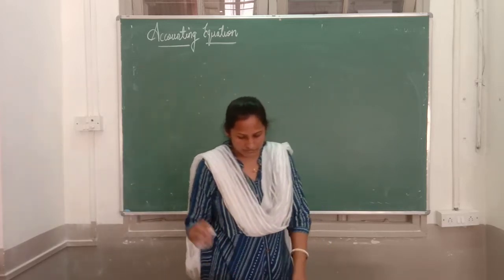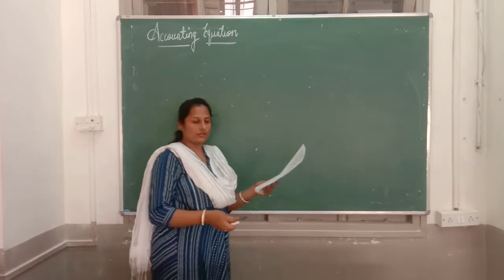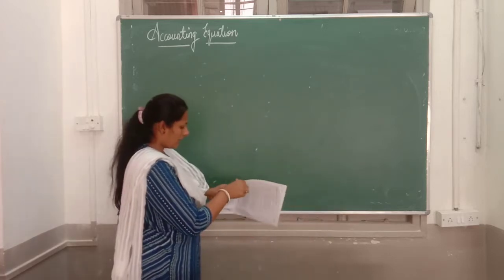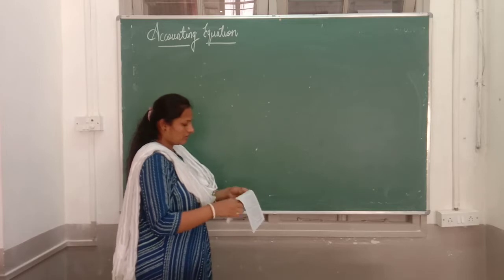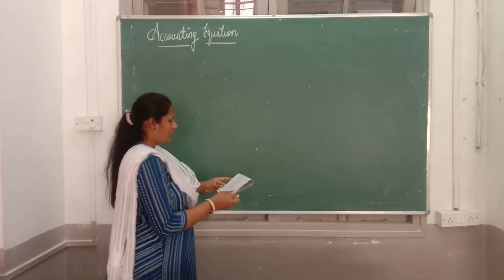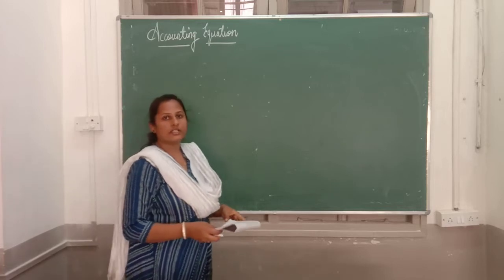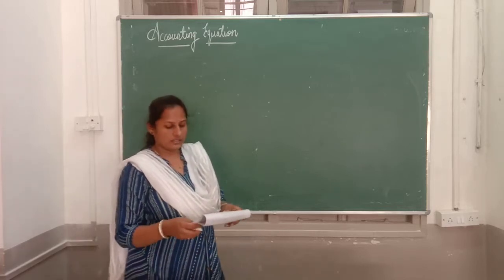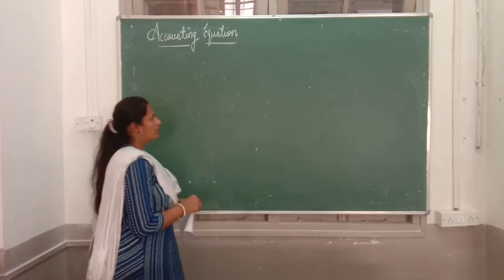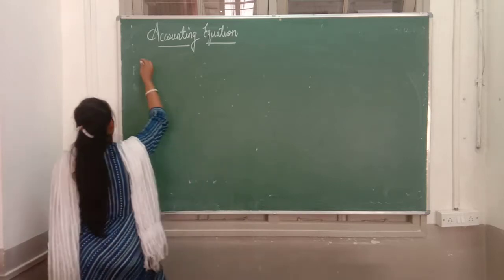I have one midterm 2018 question paper. From that I'll take the question on the accounting equation. This accounting equation will come in the practical oriented questions, Section E, for 5 marks. So this is the problem based on 5 marks.